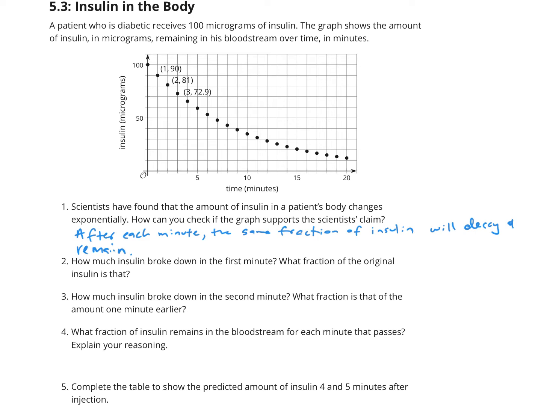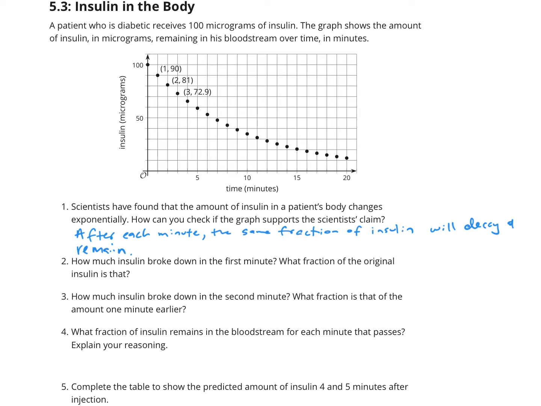So to check that, what we can do is to see what fraction of the insulin decays or remains after the first minute, then after the second minute, and so on. If the fractions are the same, then that graph will support the scientist's claim.